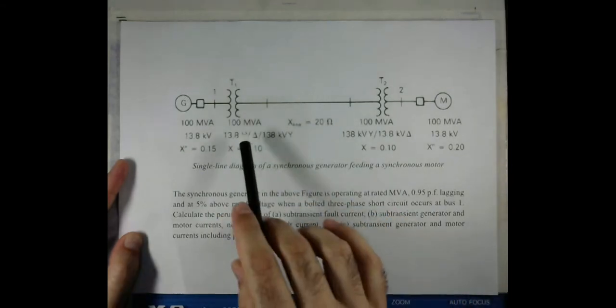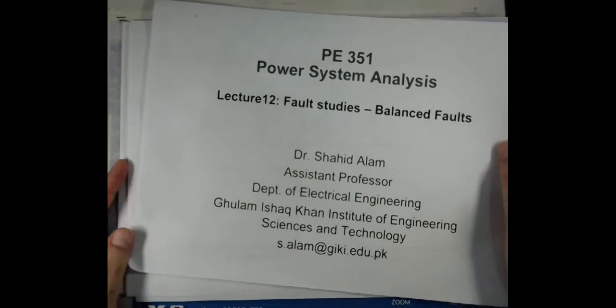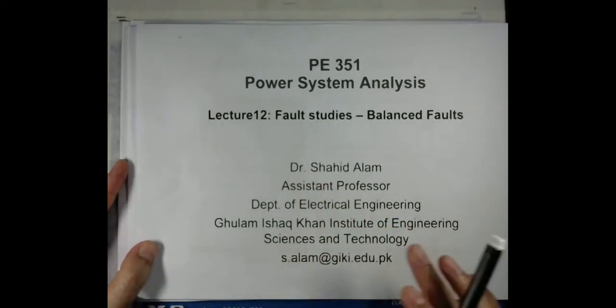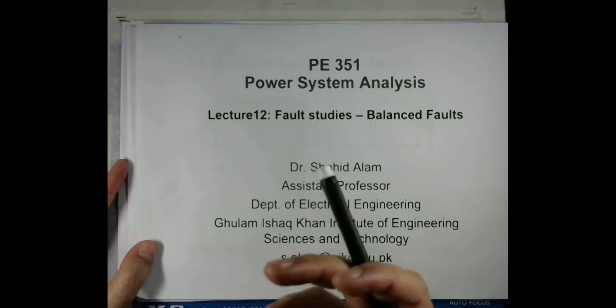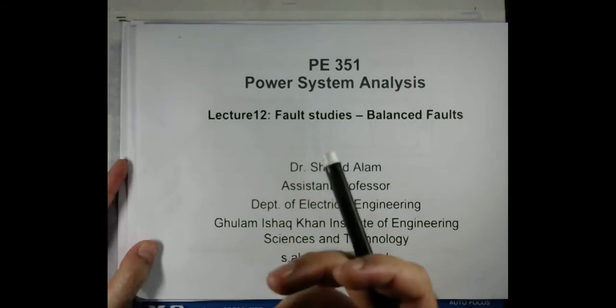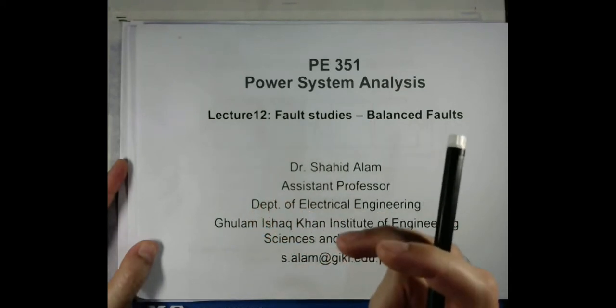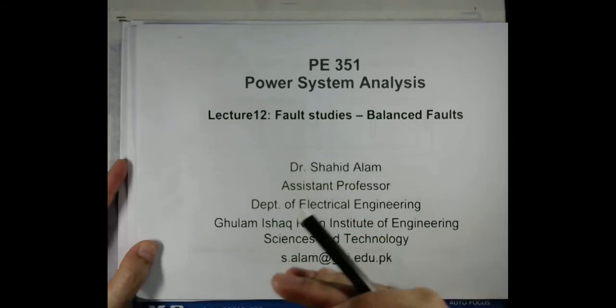So even before starting this particular problem, let me quickly revise the contents of the last lecture. As I mentioned, in the beginning we talked about faults, and once again, to refresh your memories, I would like to say that a fault refers to any condition where the parameters of the system are not within the allowable limits, or when the quantities in the system exceed the allowable limits.